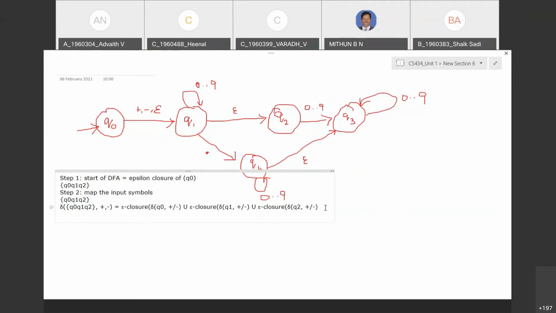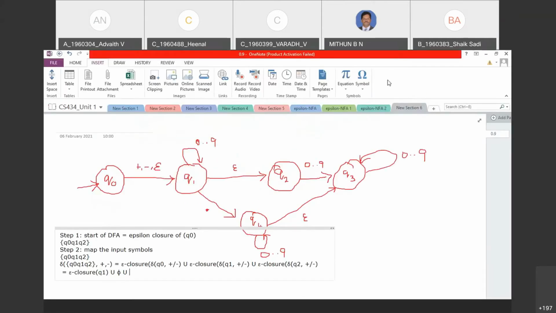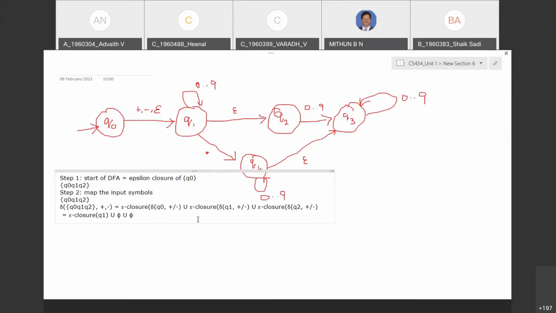Now try to understand that delta of Q0 with plus minus is Q1. We need to obtain epsilon closure of Q1. So epsilon closure of Q1 union null, union again null.